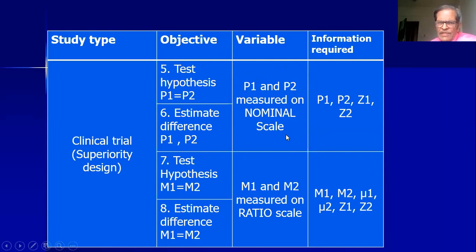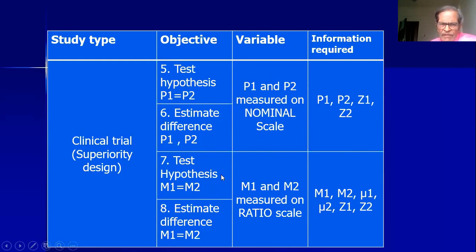So the information that is required by the statistician is P1, say if it is a cure rate, then what is the cure rate of the study intervention, what is the cure rate with the control intervention, and Z1 and Z2 are the Z values associated with the chosen level of the alpha and beta error. So this information will be required when the variables P1 and P2 are measured on the nominal scale.